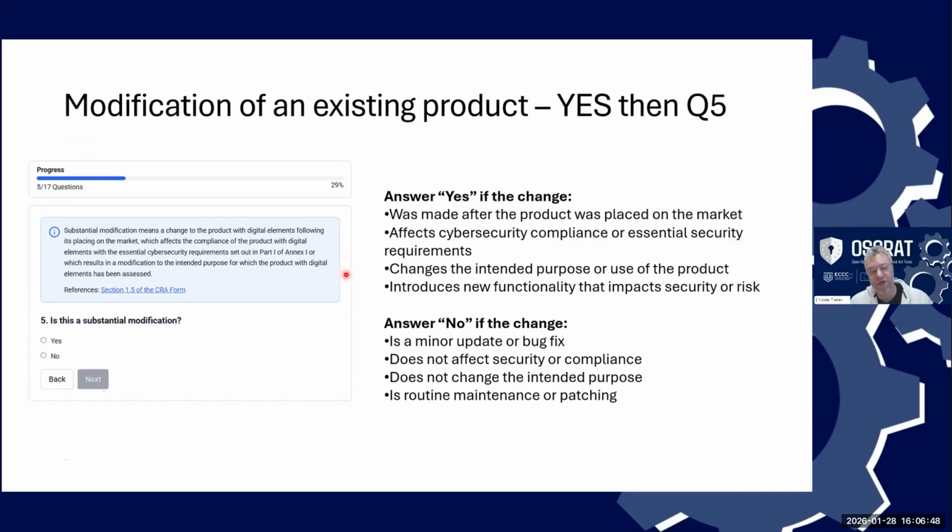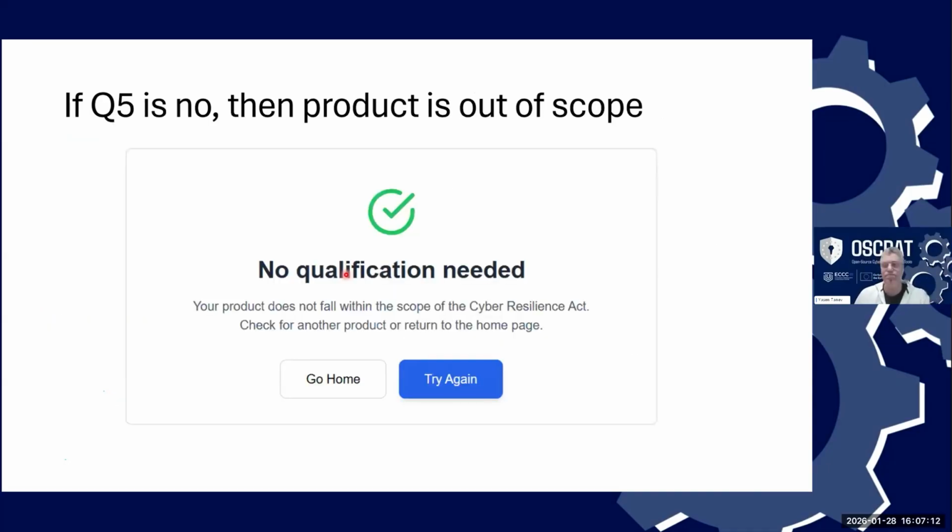The next question: is it a substantial modification? If it's substantial and it's software, usually you're billing for it. If it's hardware, it means this is something new, we changed the functionality and behavior. So you can assume that you can answer no to this. It means that it's nothing new, it's our product, it's just some small modification, then you're out.